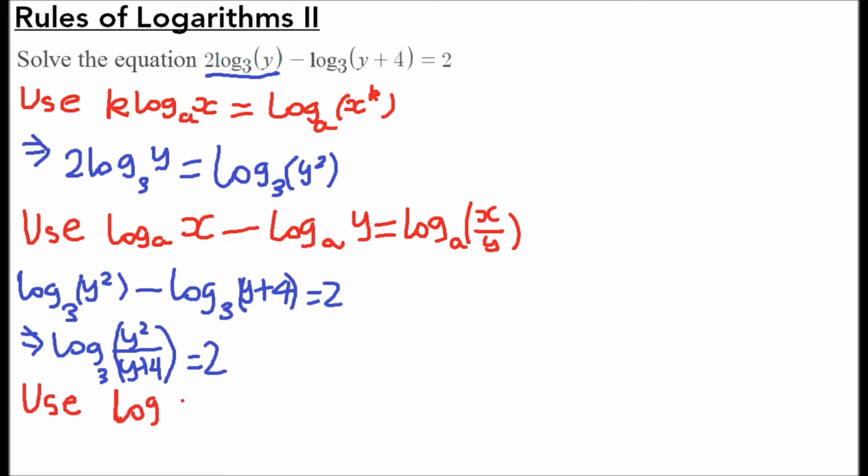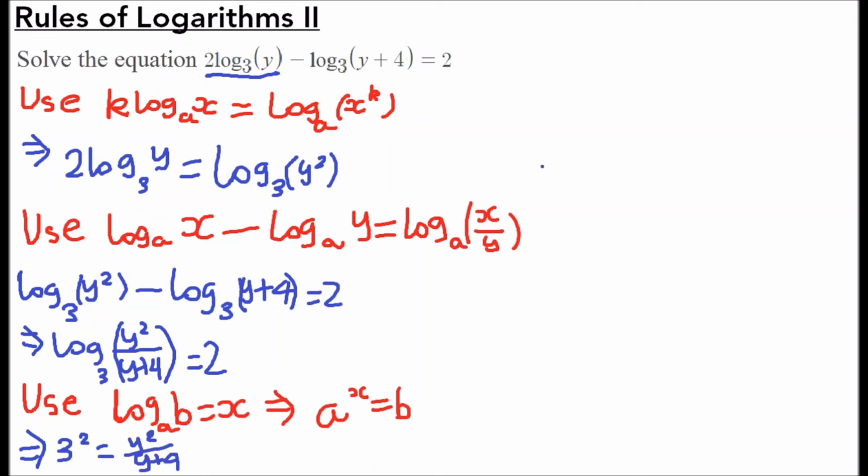Now if we convert this into a power, we get 3 to the power of 2 is y squared over y plus 4. Using cross multiplication, we get y squared is 9 times y plus 4.